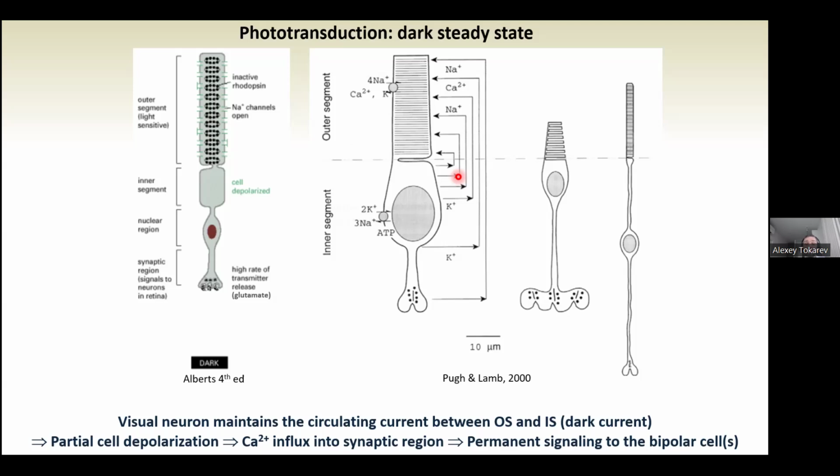Because of this, calcium ions enter the synaptic region and cause glutamate release. So it is a very strange situation. In no light condition, the neuron constantly releases glutamate and constantly acts on the bipolar cell.